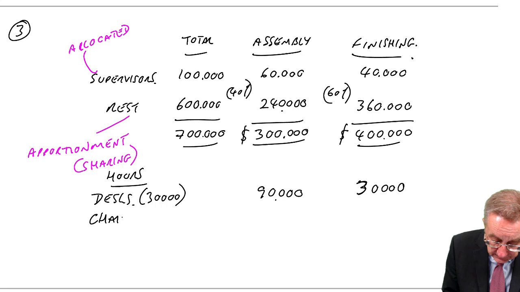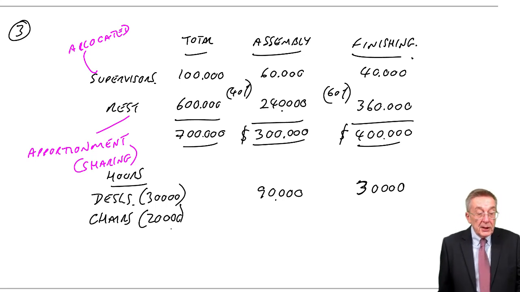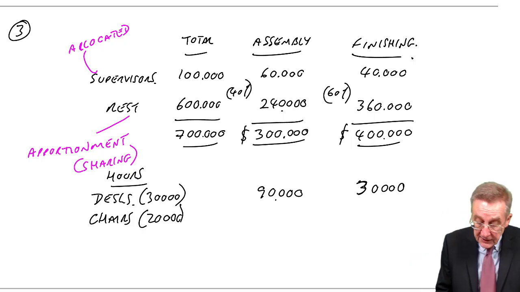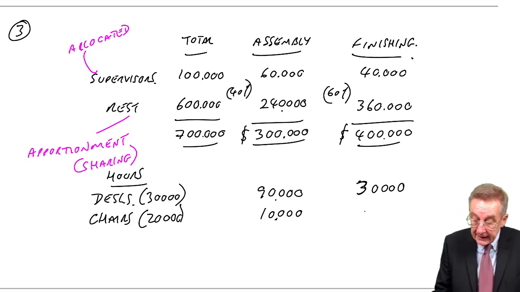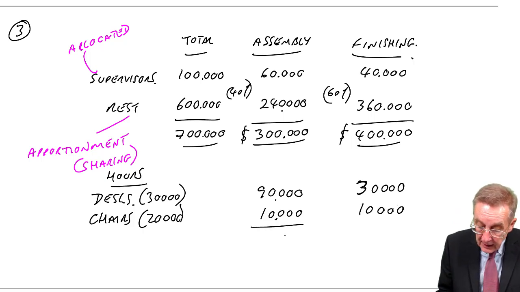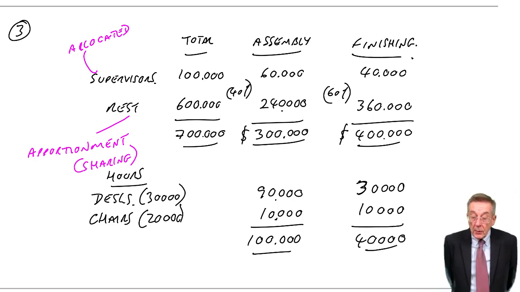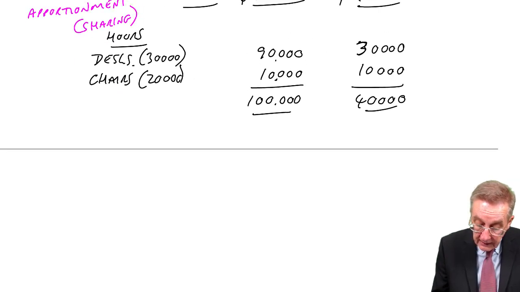What about chairs? We're making 20,000 chairs. And it says they take an hour to produce, half an hour in assembly. Well, 20,000, half an hour is 10,000 hours. And half an hour in finishing. So again, 10,000 hours. So in total, we're working 100,000 hours in assembly, 40,000 in finishing. So now we can work out the absorption rate.